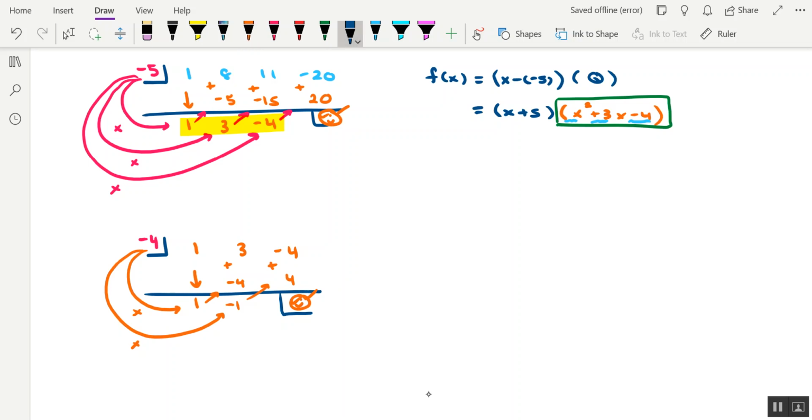So at this phase, we could write our polynomial function as x plus 5. And I'm going to build the factor out of -4. And then we'll have to multiply that by the quotient polynomial we get from this round of synthetic division. Let me first simplify that second factor.